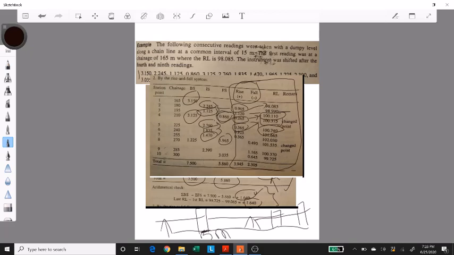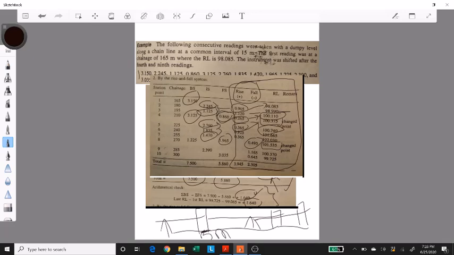Now the second reading is bigger than the first reading, so you would get a negative answer, and now you have a fall. So from the previous point, 102.03, you subtract the fall value 0.495, and we get the new reduced level of the change point, which is 101.535. And this is how you can proceed and do the calculations for the remaining points as well.